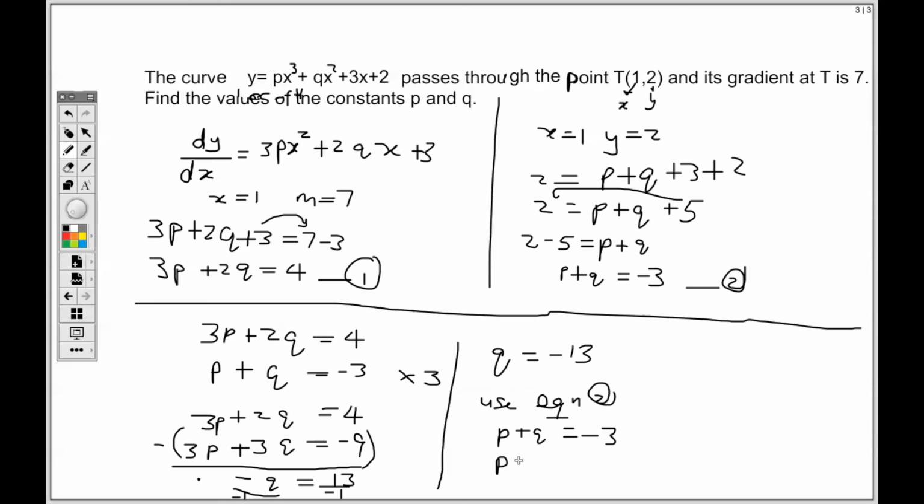So replacing q, I have p minus 13 equals -3, and then I carry the minus 13 over the equal sign, so we know that's going to be positive. So we have minus 3 plus 13, so we have p to be 10. So p is 10. And that's it.